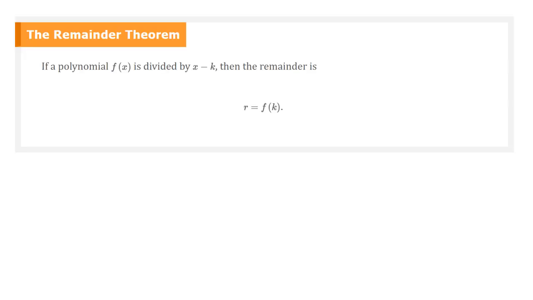All right, now let's look at this concept of the remainder theorem. What the remainder theorem says is that if I put a k value into my function, it is going to give me the remainder. This is very useful, another tool to bypass synthetic division.